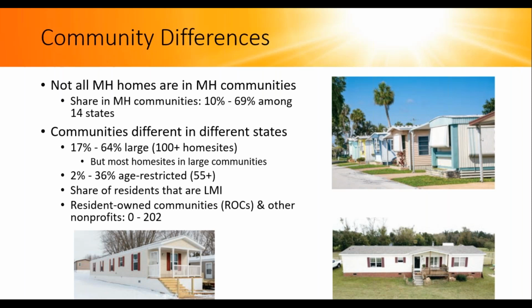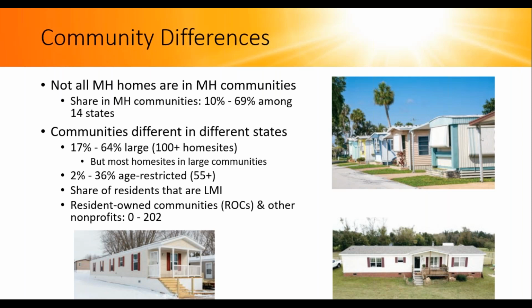Now, we need to think about that a little differently, though, because the large communities are by definition larger than the small communities. Even in the state with only 17% of the communities being large, most of the home sites in all the communities are in large communities.